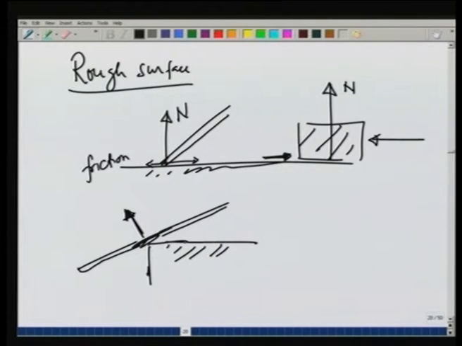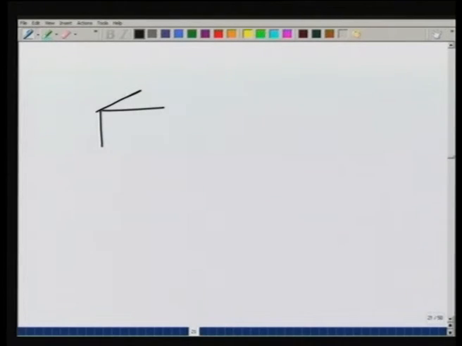If, on the other hand, there is some roughness, then there could be a frictional force in this direction also. Recall the example that we did earlier, where we had a brick on which I had a rod and I was trying to lift a weight like this, which applied a force downwards of 1000 newtons here. We realized that without the roughness here, the rod would tend to slip.